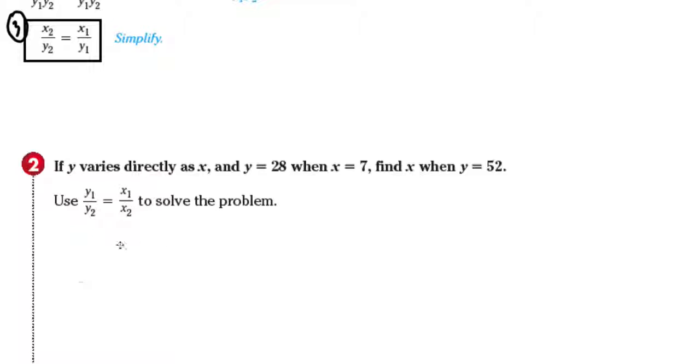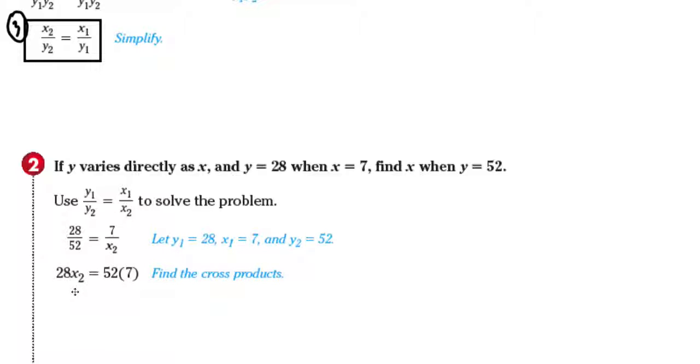If we let y sub 1 equal 28, x sub 1 equal 7, and y sub 2 equal 52, we end up with 28 over 52 equals 7 over x sub 2. Using cross products, we end up with 28 x sub 2 equals 7 times 52. 52 times 7 is 364, and dividing both sides by 28, x sub 2 is now equal to 13.